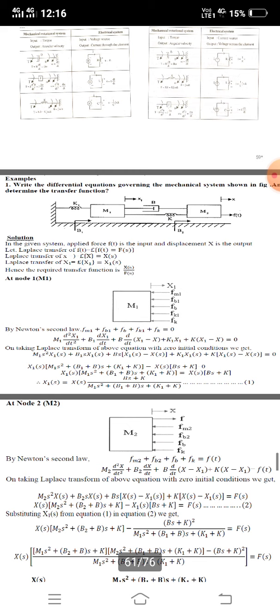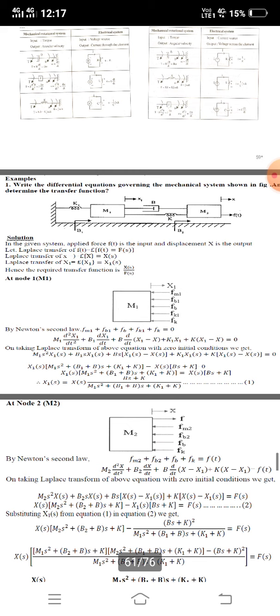This equation is called the differential equation. Taking the Laplace transformation of this differential equation, the equation is m1 s square X1(s) plus b1 s into X1(s), and so on. This equation is going to be sorted out for the output of the m1 mass, so the output is X1(s).